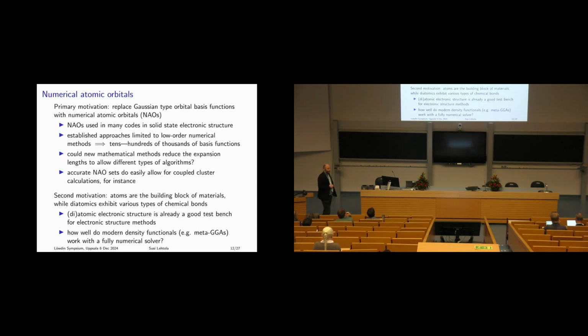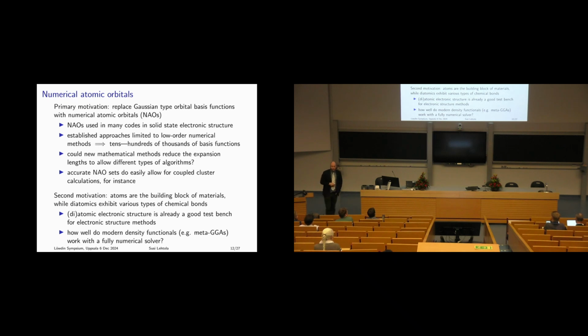Okay, so my primary motivation is to go through numerical atomic orbitals. These have been used for like 4 decades. But basically the problem is that all of the existing implementations use very old mathematical methods. So they don't use these high order methods that give you much better accuracy for the same number of degrees of freedom.